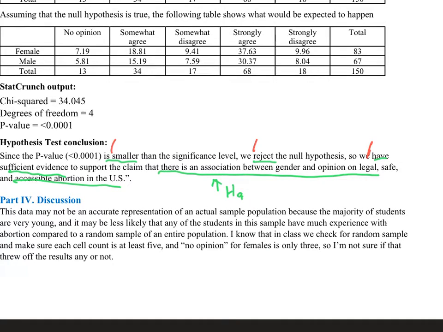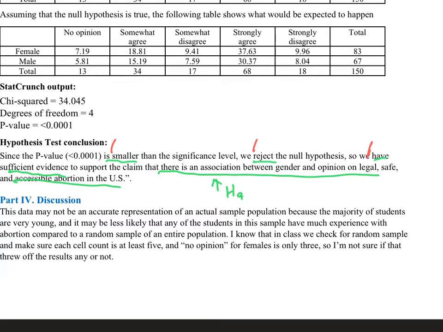But the reason I want you to do this discussion at the end is because our conclusion here really is not valid for all SU students, because we did not take a random sample of 150 people from all SU students. We took students that were specifically taking Math 117 this semester as our sample.